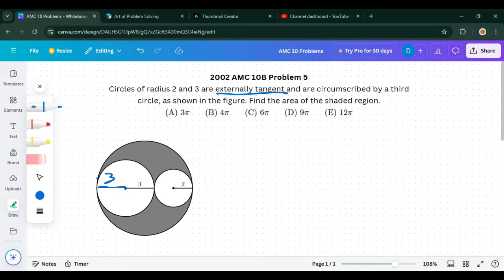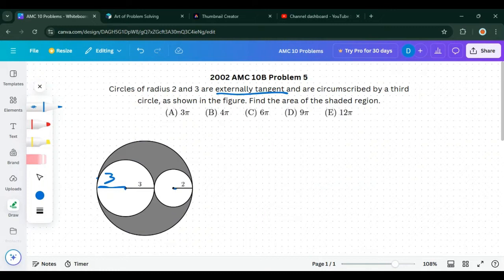And yeah, okay, so as you see here, we have radius of 3 and 2, and since the second largest circle has a radius of 3, we can draw a line to the point of tangency, and as you see, it's also a radius of 3, so we're going to mark that.